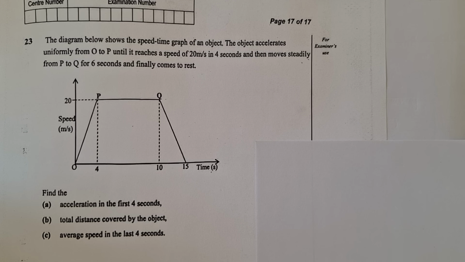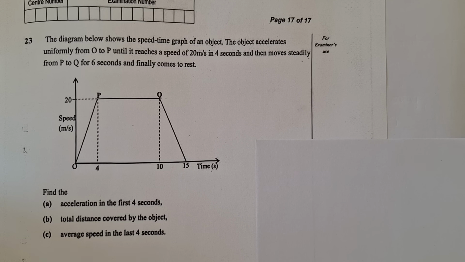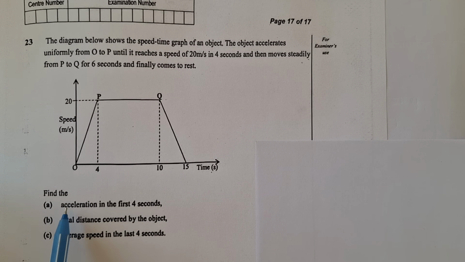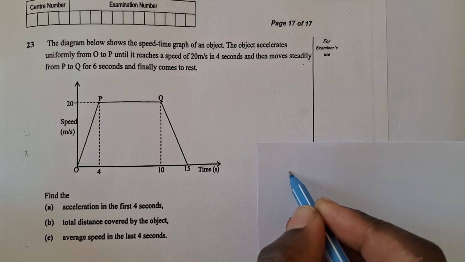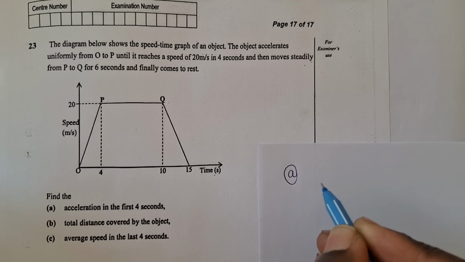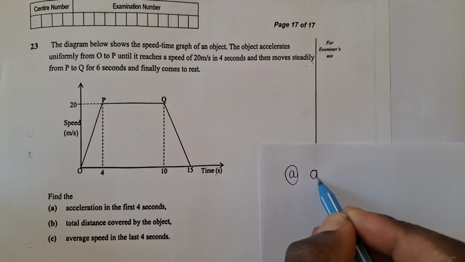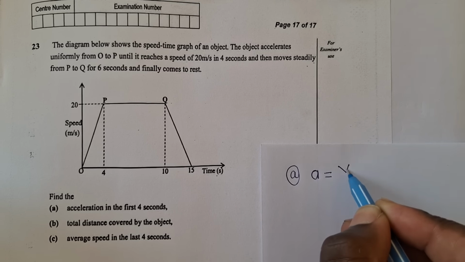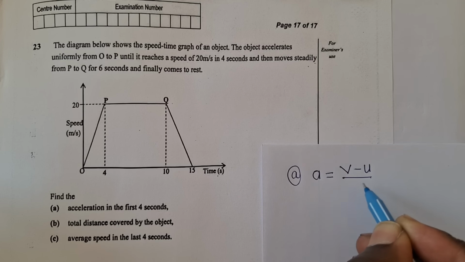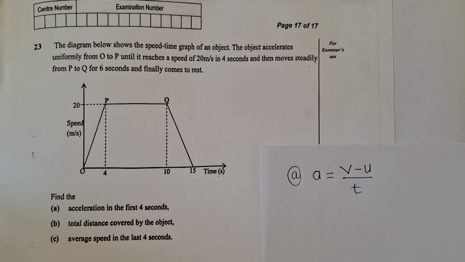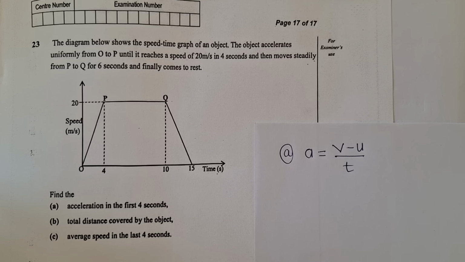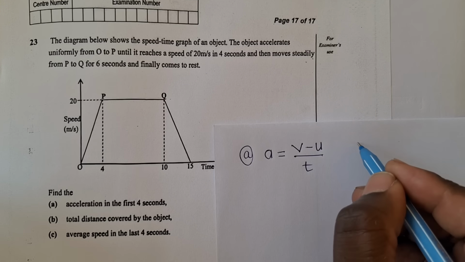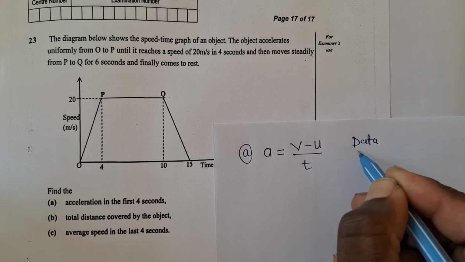And for the first question, I know it's very simple for everybody here. They're saying find the acceleration in the first 4 seconds. So for acceleration, of course, this is question A. You're just going to say a is equal to v minus u over t. This is the simplest formula which you can be using. For your initial velocity, it's very important that you say data.